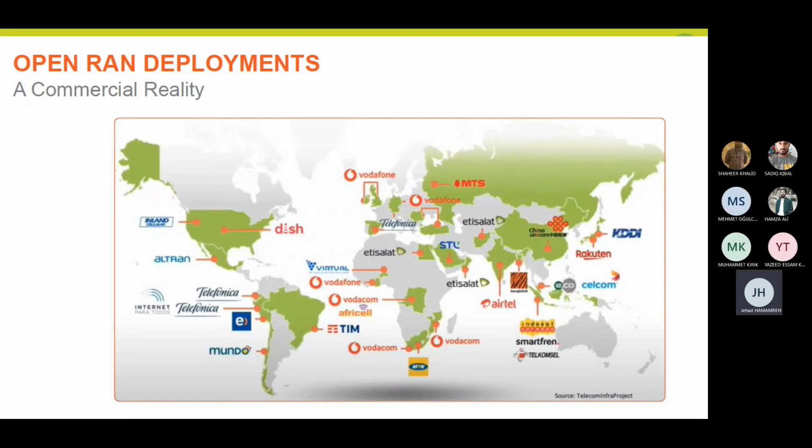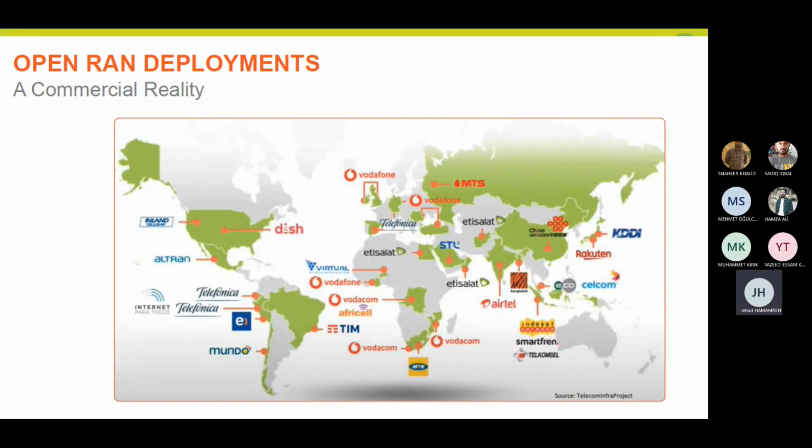Now, for those who still have doubts about Open RAN, I want to emphasize that Open RAN is already a reality, and there are many deployments around the world. As you can see from this map, you have companies in the USA which adopted Open RAN and deployed it, including Dish and Altran. This is in North America. In South America, we have Telefonica deploying many different Open RAN based solutions. In Europe, we also have several deployments, in Africa, in Asia, even in Australia.